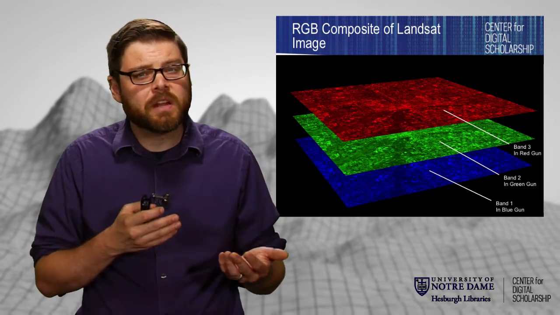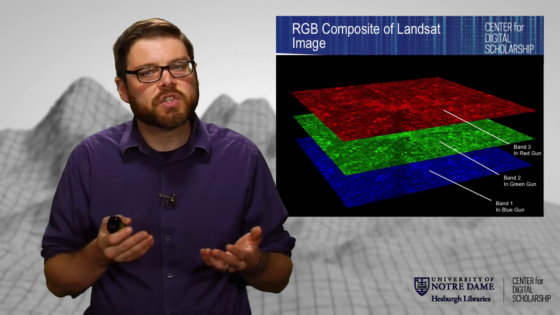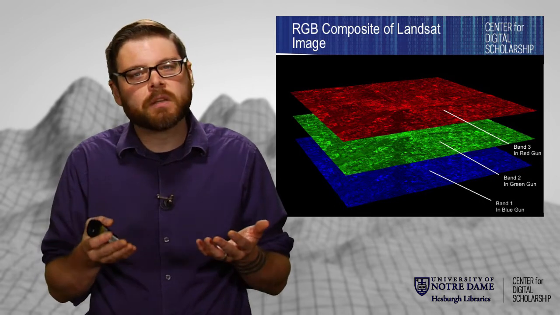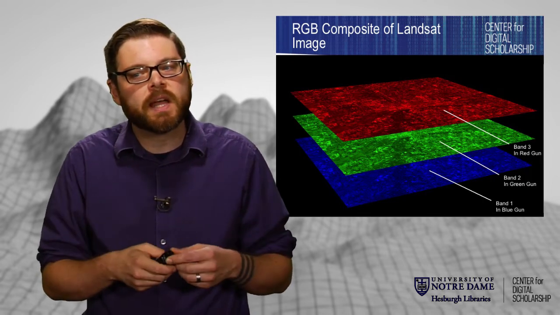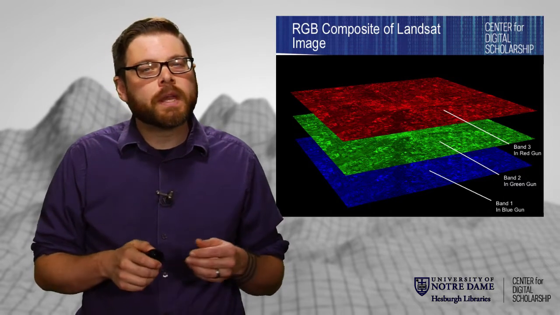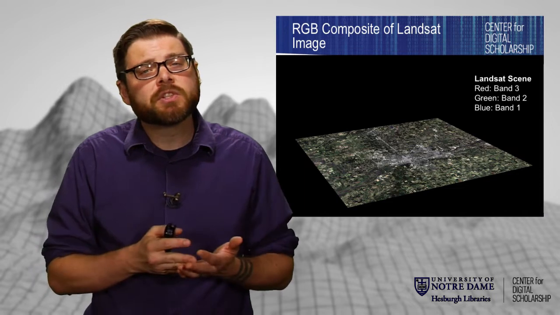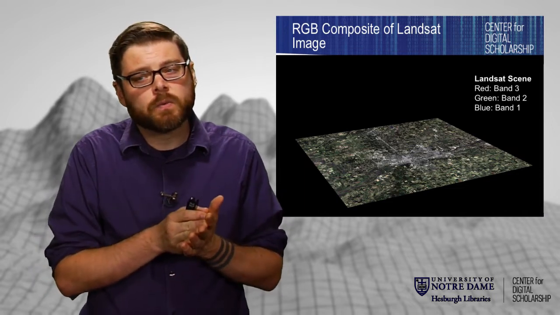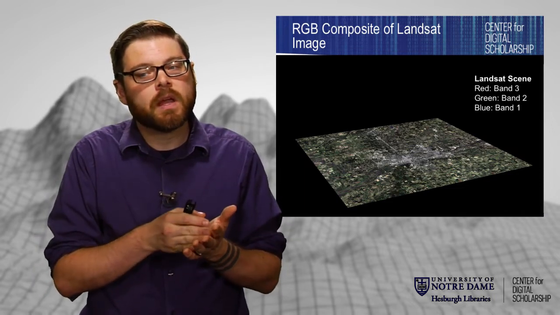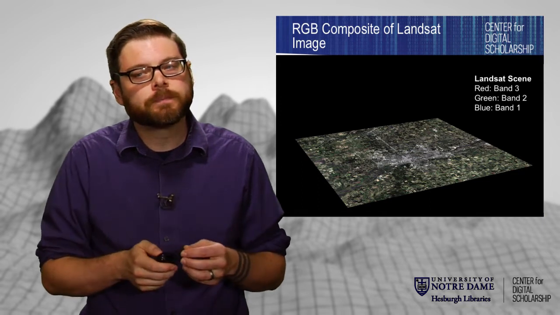Sometimes you hear them called channels, sometimes guns. It's essentially just the way that particular data is being displayed color-wise. So we can combine them into our red, green, and blue, and then mold those together into one image that shows us all 3 of those different layers at once. So in this case, red, green, and blue are bands 1, 2, and 3.